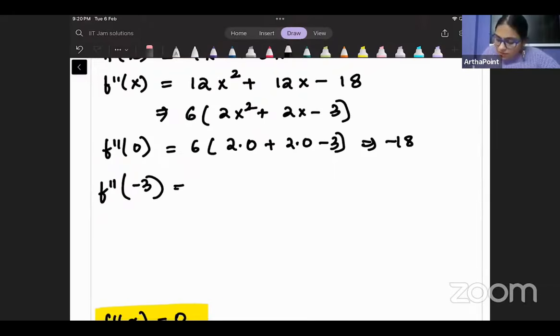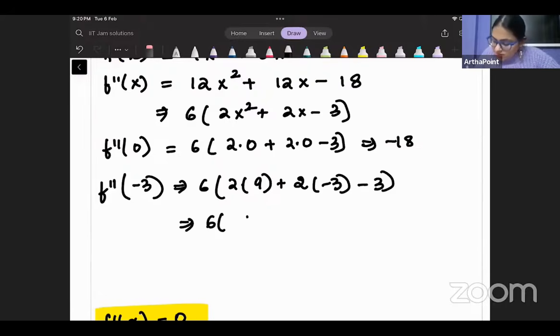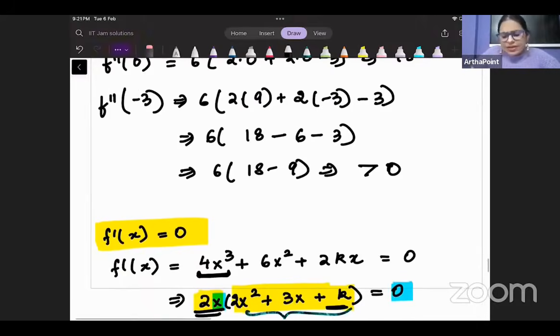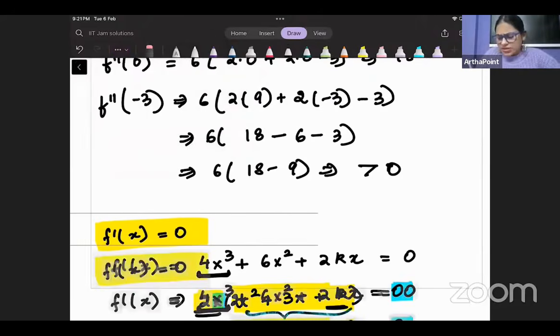It will be 6, 2 into -3 whole square, 9, plus 2 into -3, minus 3. So this will be 6, 18 minus 6 minus 3. This will be 6, 18 minus 9, which will be positive.